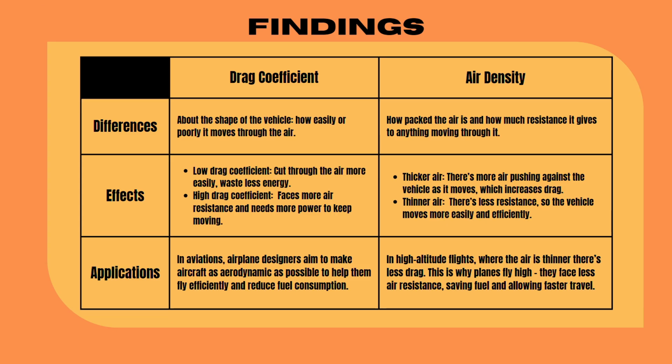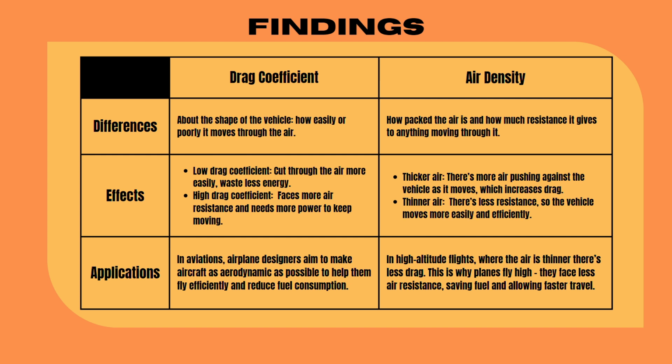So these are the findings for this research. First, we have the differences between drag coefficient and air density. Drag coefficient is about the shape of the vehicle, how easily or poorly it moves through the air.